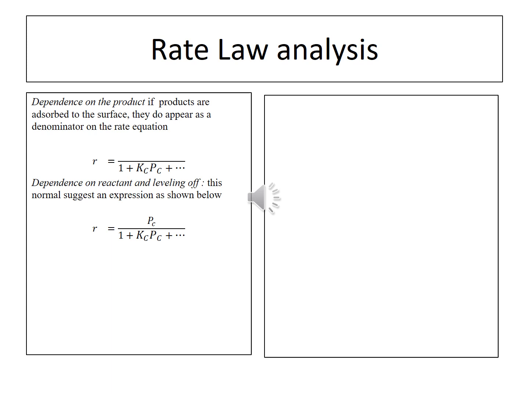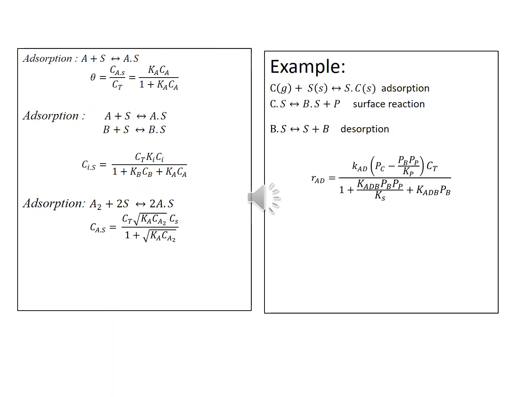In a case where you see a graph, for example, where the partial pressure of one reactant increases and then levels off, it suggests that the partial pressure of that term appears both at the top of the equation and also at the bottom. We've already stated that what's adsorbed we expect to appear at the bottom, and if you see anything raised to the power of half, it suggests that at one time it was dissociatively adsorbed.